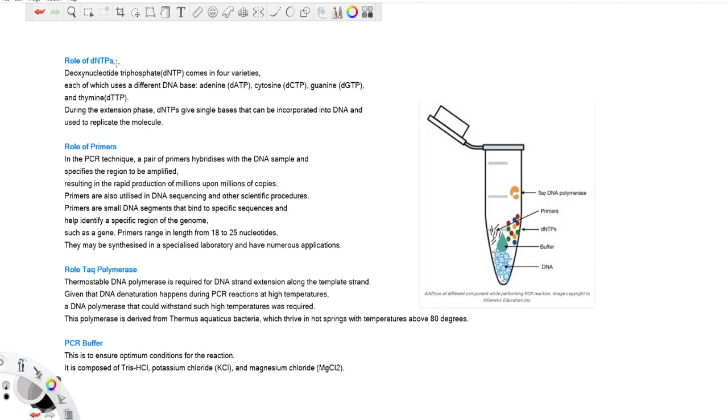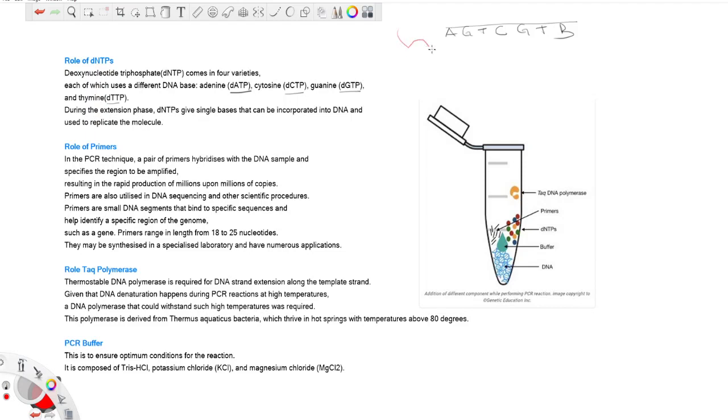The first one that we're going to talk about are your dNTPs, or your deoxynucleoside triphosphates. They come in four varieties, and of course each of which is going to use a different DNA base, like I said earlier: adenine, cytosine, guanine, and thymine. Of course, once you have your region like this, let me just draw a couple of base pairs, and in green maybe, or in red if we keep with a color, you need to amplify this region.